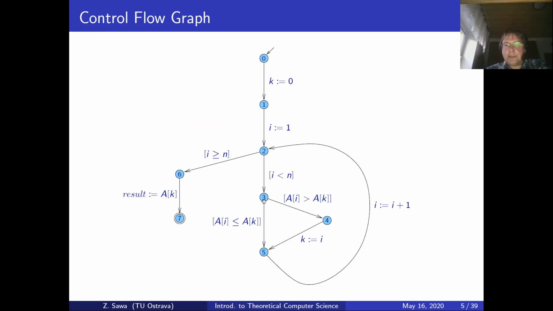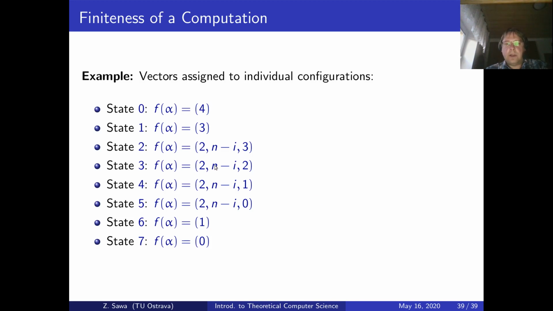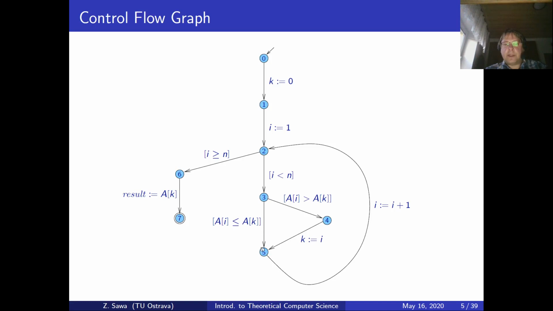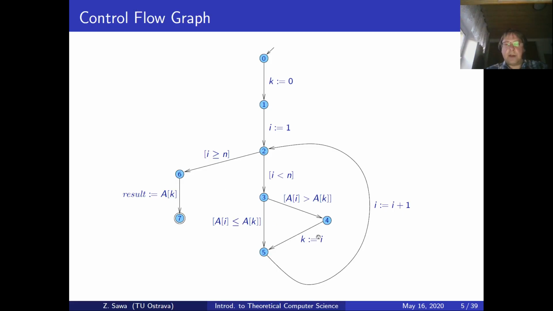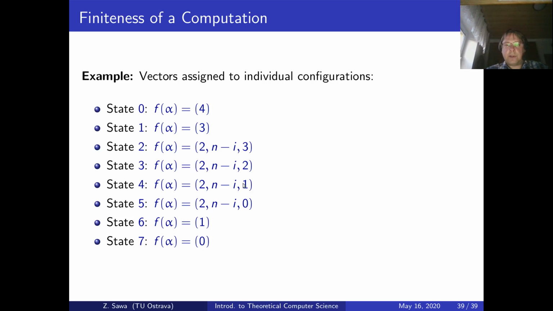For 3 to 4, 2 is decreased to 1, or from state 3 to state 5, 2 is decreased to 0. Again, these values remain the same because none of the variables n and I are modified by this. From state 4 to state 5, this is what we already considered. This one is decreased to 0.